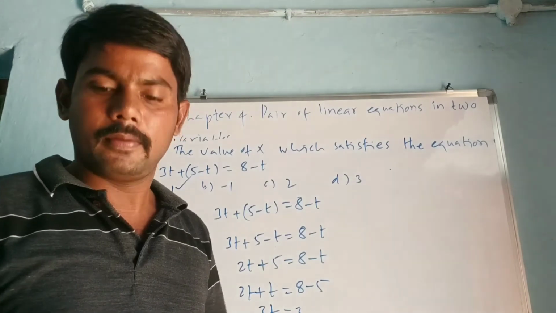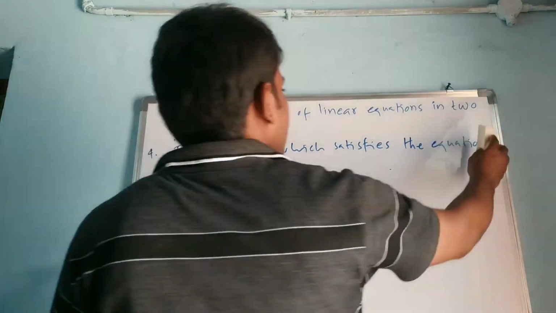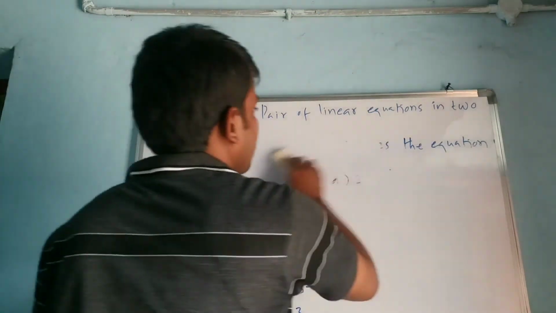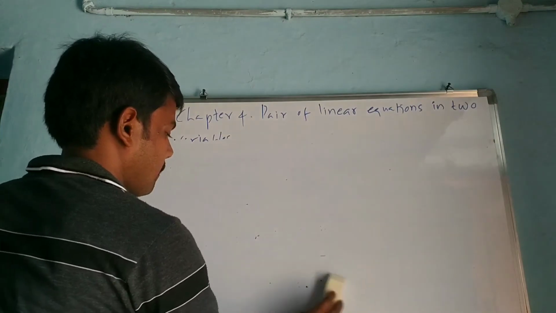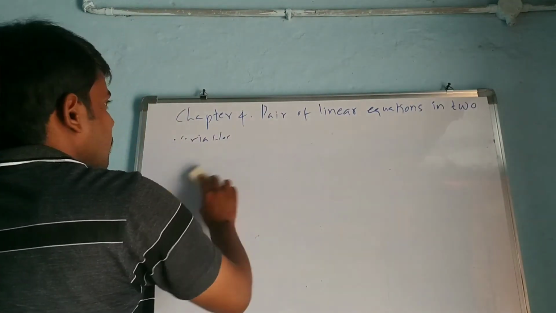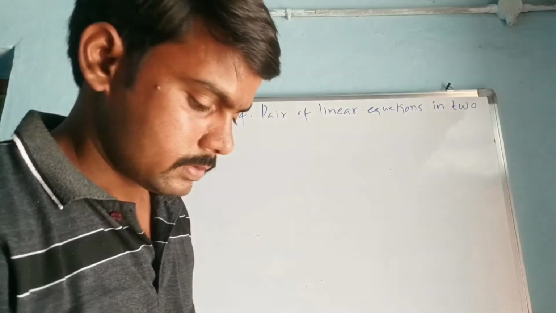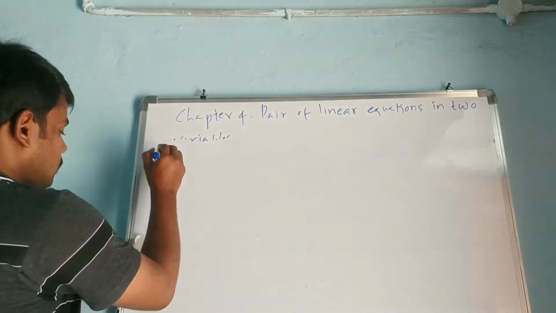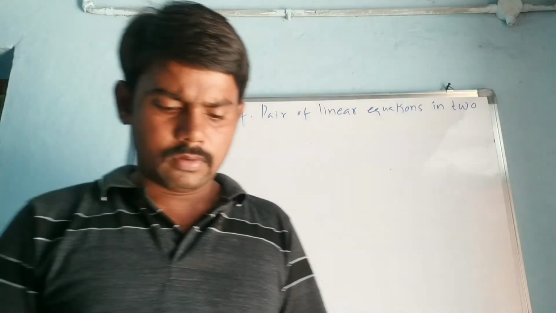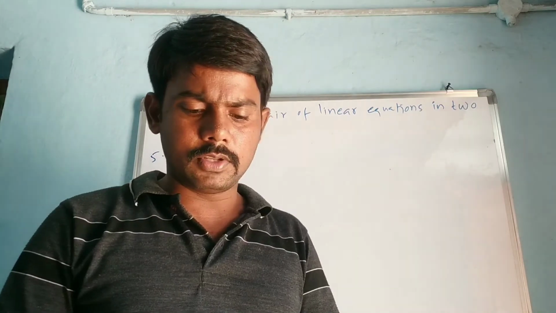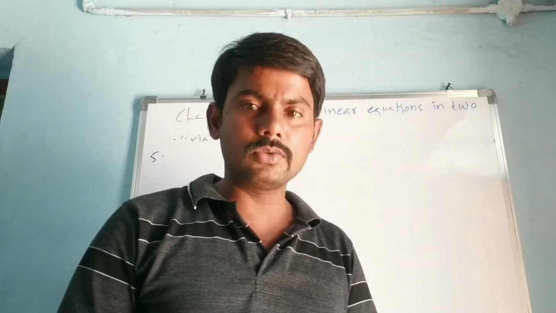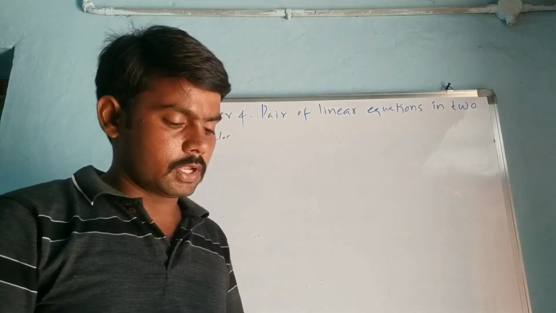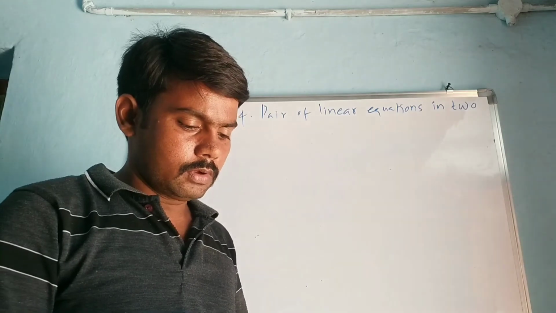Problem number 5: the equation 2t plus 3u is equal to 5 has how many solutions? Here a linear equation in two variables is given and it asks how many solutions it has.